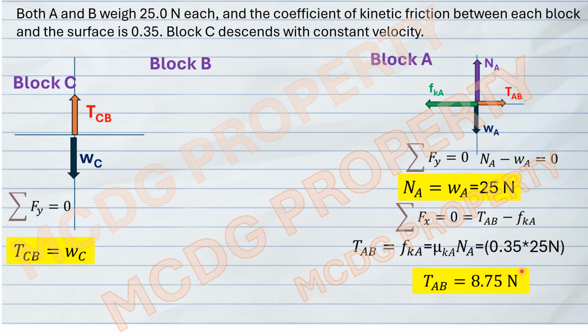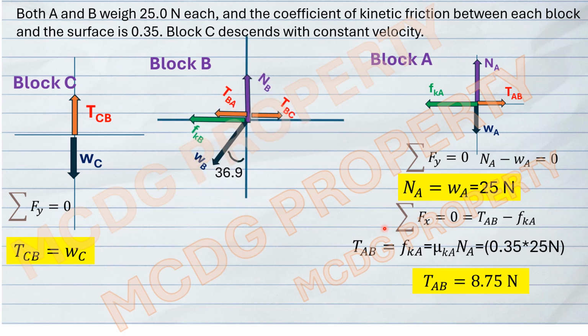Now, next let us consider block B. So for block B, these are the forces acting on block B, and this is the free body diagram.